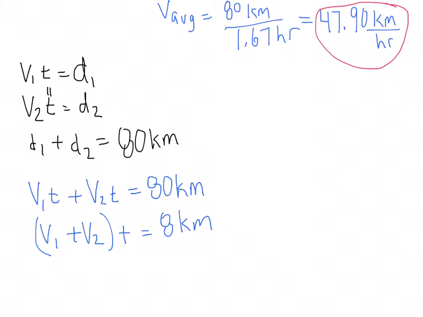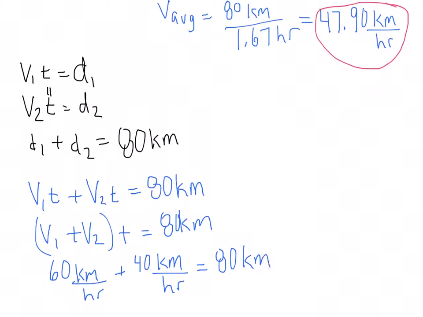And I know my v1 plus v2 is 60 kilometers per hour plus 40 kilometers per hour, and this is all times t, is equal to 80 kilometers.